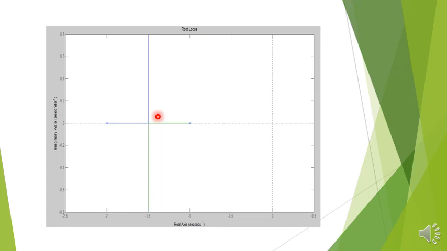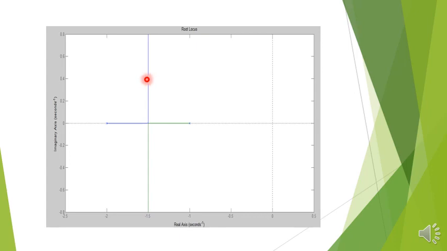Now before going to the construction of the root locus, in this S-plane there are many points. Whether any point is a part of this locus or not, and if it is part of this locus, then for what value of k it is part of the root locus. Suppose this is the point minus 1.5 plus j0.4.